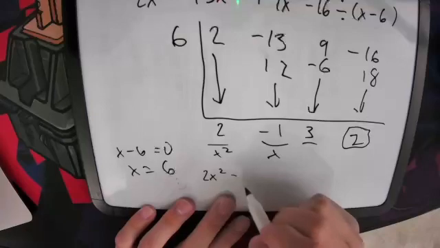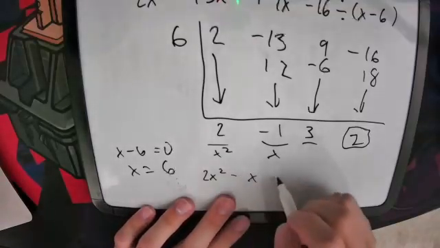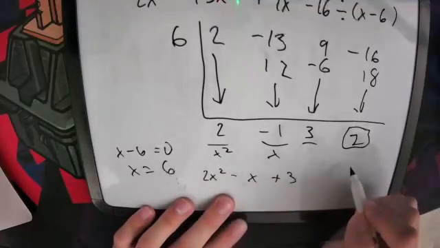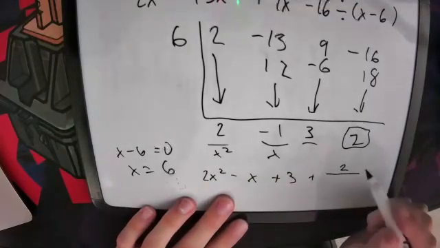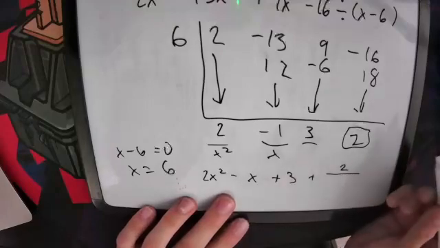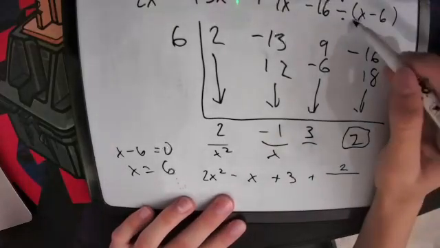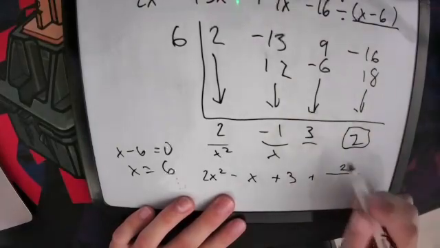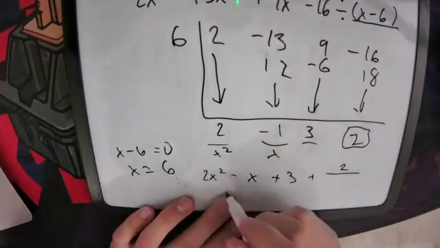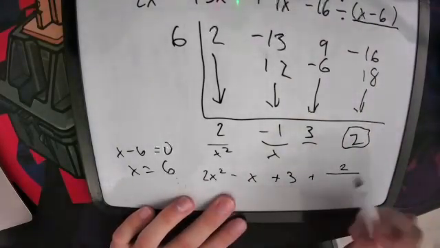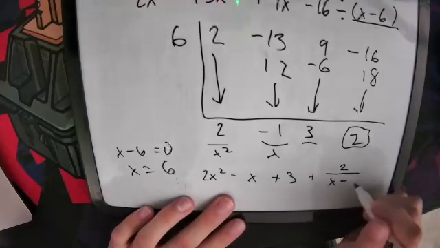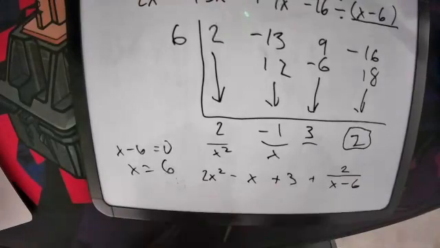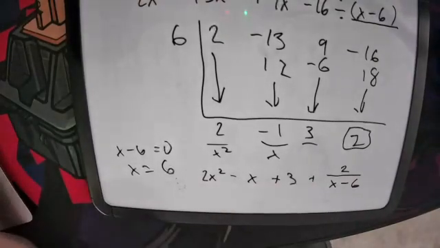So we have 2x squared minus x plus 3. But what do we do with this 2? We add the remainder, but we add it as a fraction. So it's going to be k, which is the remainder, over our original expression, x minus 6. So we have 2x squared minus x plus 3 plus 2 over x minus 6. And that is our final answer.